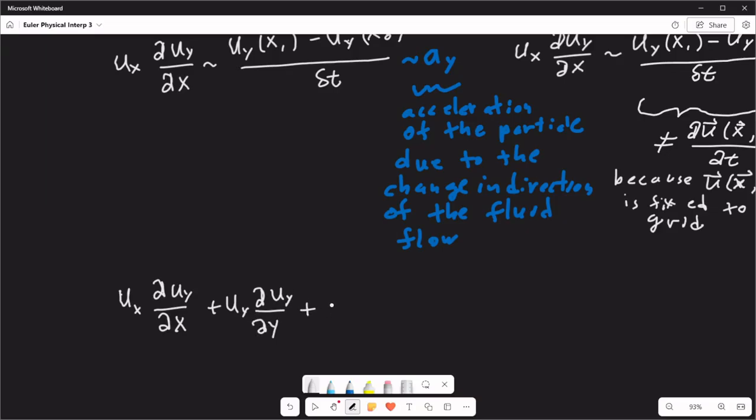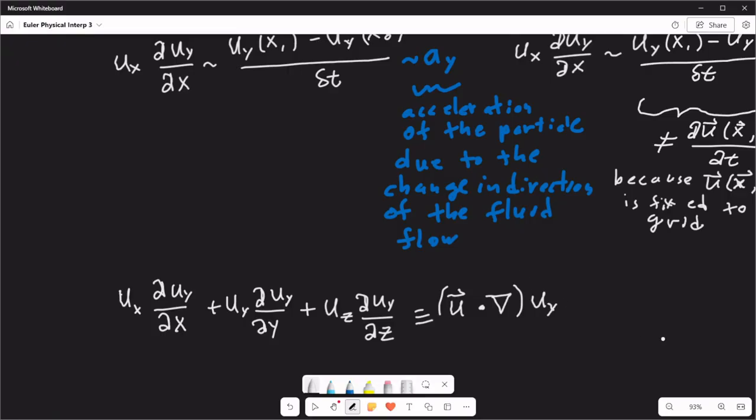And there's another term which is uz duy dz, which equals, by definition, u vector dot the gradient of the uy component.